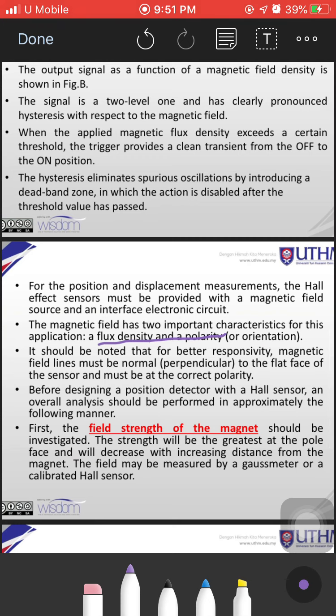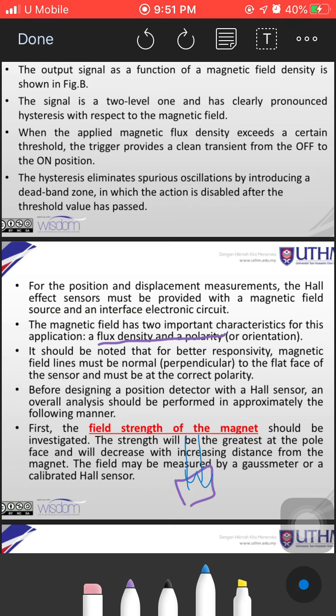For better responsivity, magnetic field lines must be normal to the flat surface of the sensor, and it must be the correct polarity. For example, this is our flat surface, and this is our magnetic field lines.